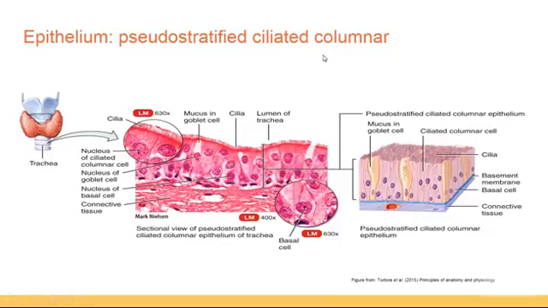Pseudostratified ciliated columnar epithelium is found in the trachea, and so if you think about what the purpose of the trachea is, it's really for the movement of air towards the lungs. We've got ciliated cells in the upper respiratory system structures because we want to be able to trap any particulate matter before it gets to the smaller structures in the lungs.